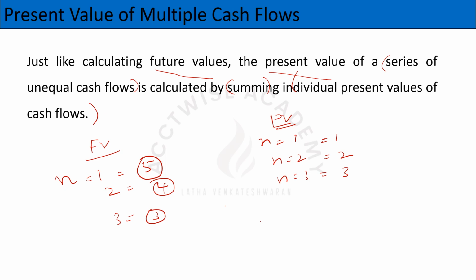So it is like counting normally, and for the future value of uneven cash flows it is like counting backwards. If you understand this clearly, it will be very easy to calculate the present value and the future value of uneven cash flows without any mistake.